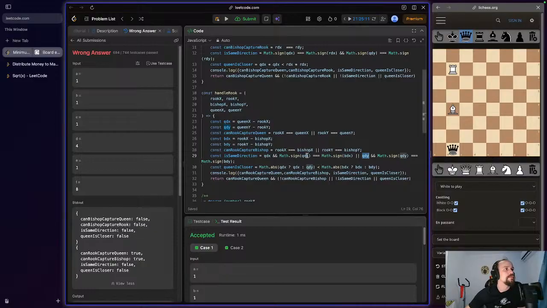I don't know if it's like a parentheses issue. Doubt it, but I'm gonna add parentheses anyway. So the QDX is queen x minus rook x.